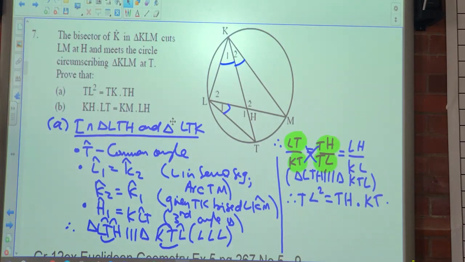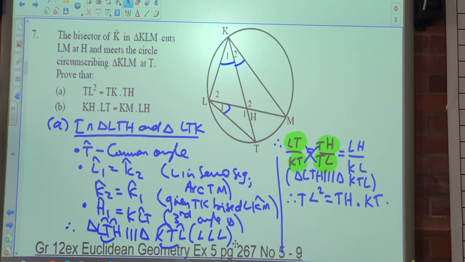Now looking at the B part of the question. B, they're talking about KH. Did we work with KH yet? You know KH here? No? Is that correct? Yes.